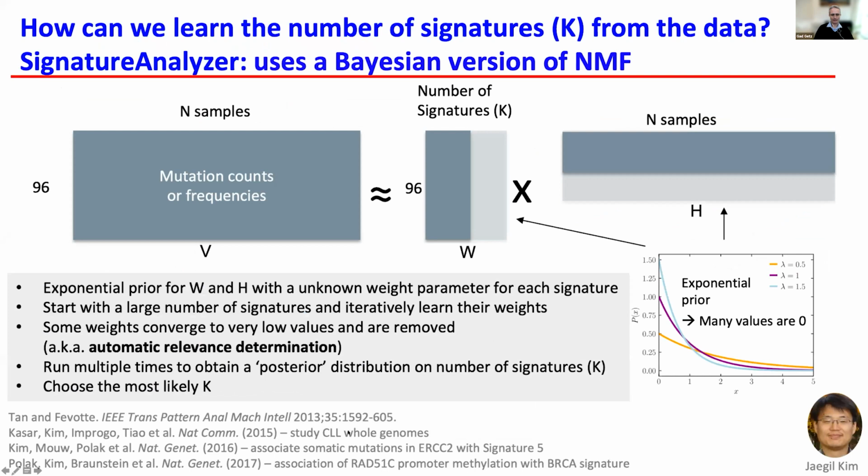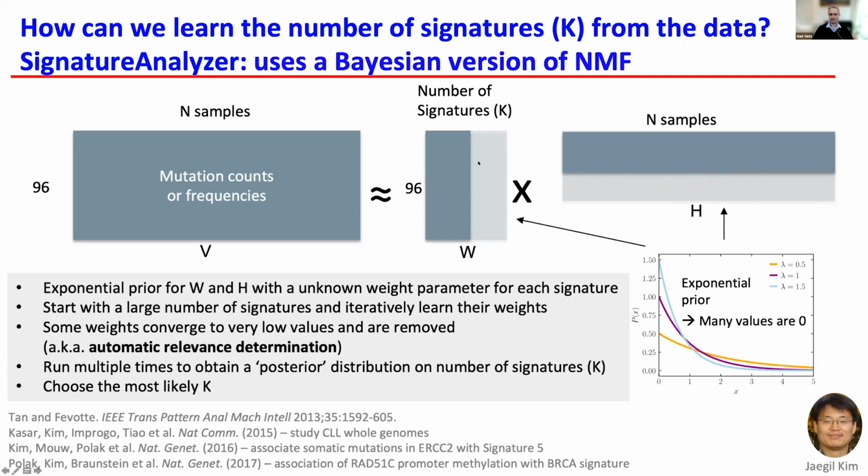So then we asked ourselves, how can we actually learn this number of signatures from the data? Jaegil Kim in the lab used a version of NMF called the automatic relevance determination version of NMF, which is a Bayesian type of method that uses priors on the values of the signature matrix and the activity matrix, in an exponential form, which means that the majority of the values are 0, but some of them are higher.